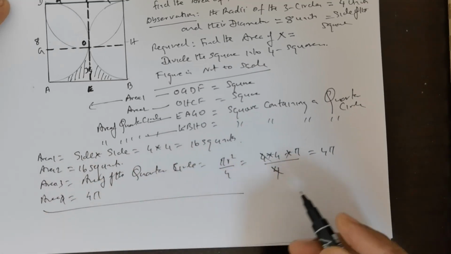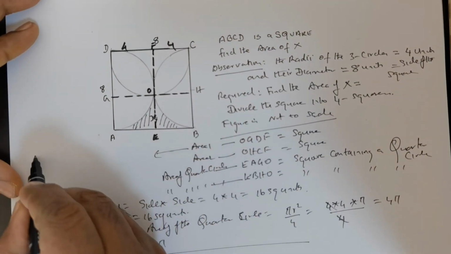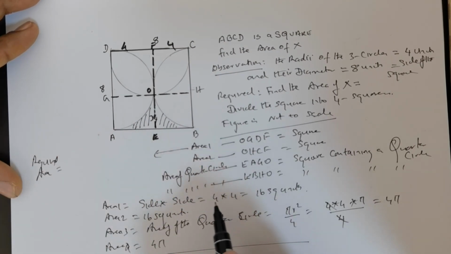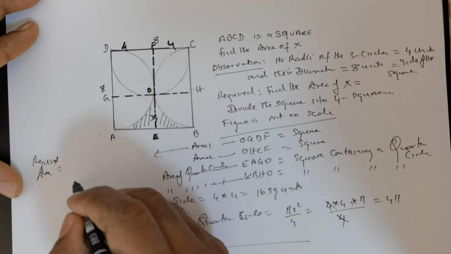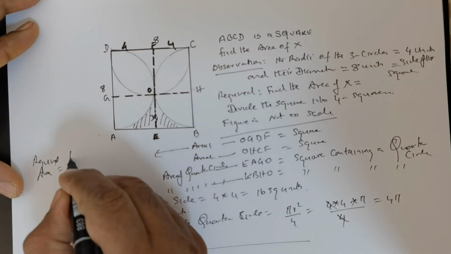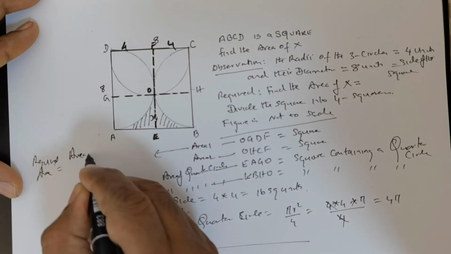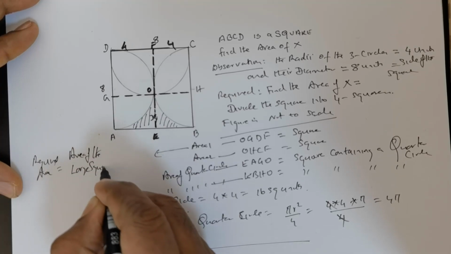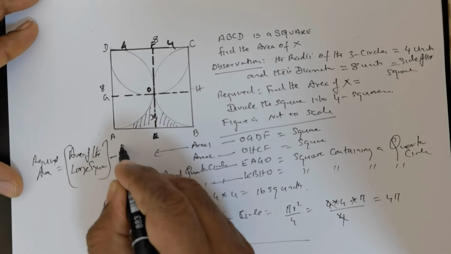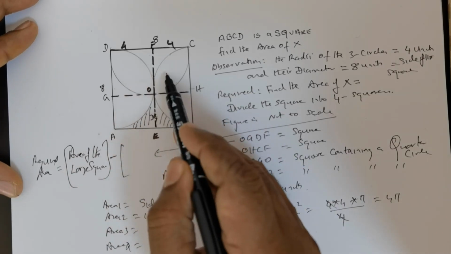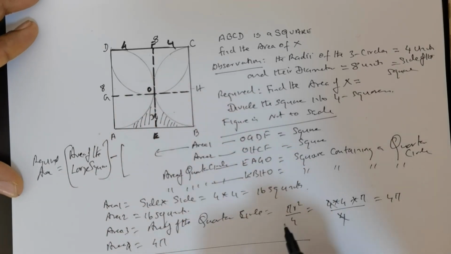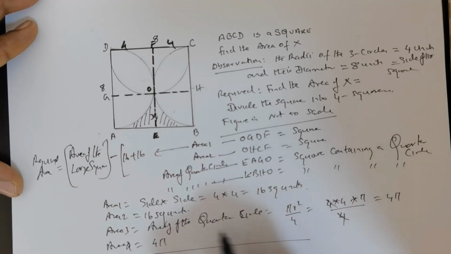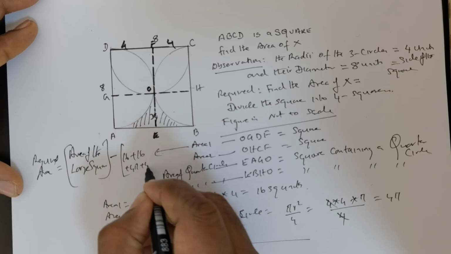So now coming to the total area. How to get the required area? Required area is from the area of the large square, I have to take away area of this, area of this, area of this, and area of this. So I will have to take away 16 plus 16 plus 4 pi plus 4 pi.